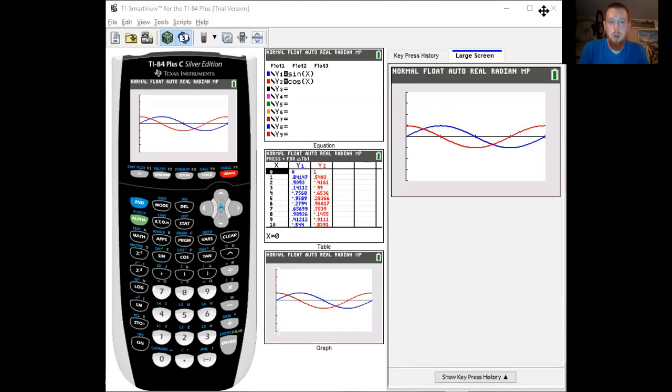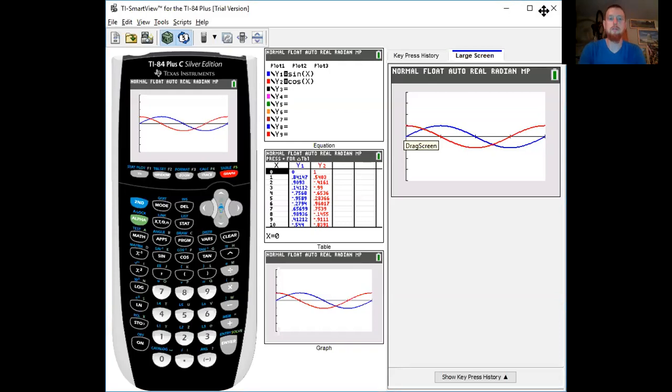Well, if you notice, the maximum point for cosine happens at 0, right? The maximum value for sine happens at pi over 2. So if we could just shift this cosine function over to here, then they theoretically would be perfectly lined up with each other, right?